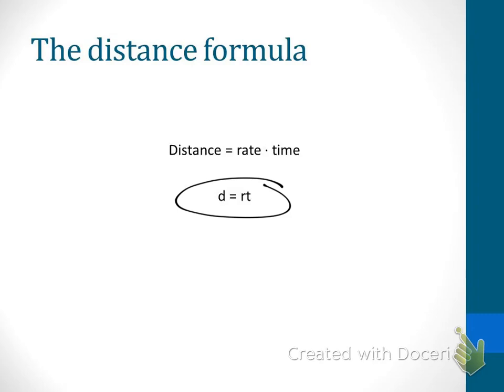D stands for distance. R stands for the rate or the speed. And T stands for time. All right, so you should be writing this down. Okay, now let's turn to page 28 and read the example together.